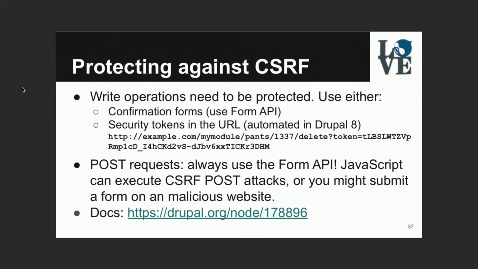So there's a way that in your route definition, you can say this path requires a security token, and that will automatically be provided and validated. Don't think that POST requests are safe from this. You can use JavaScript to send a POST request on behalf of the attacker. You visit their blog. They've written some JavaScript that takes your browser and essentially sends a POST request to your site. So you can be vulnerable.